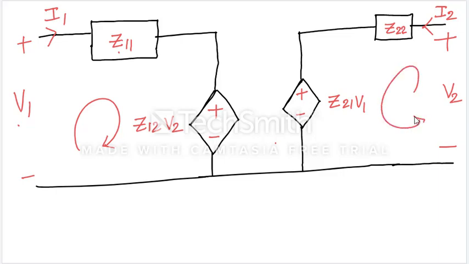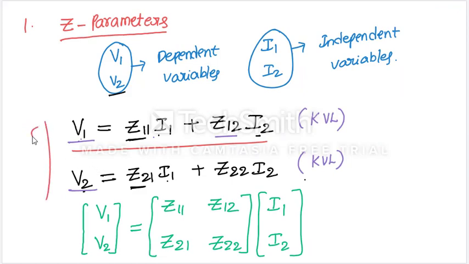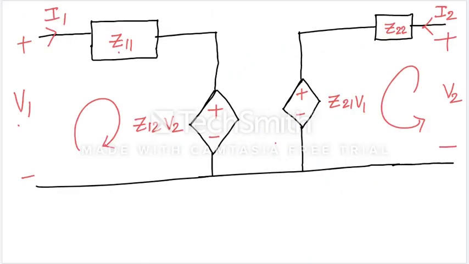Apply KVL to this loop and check what you get. V2 is equal to Z22 I2 plus Z21 into V1. Isn't it? These are the Z parameter equations.